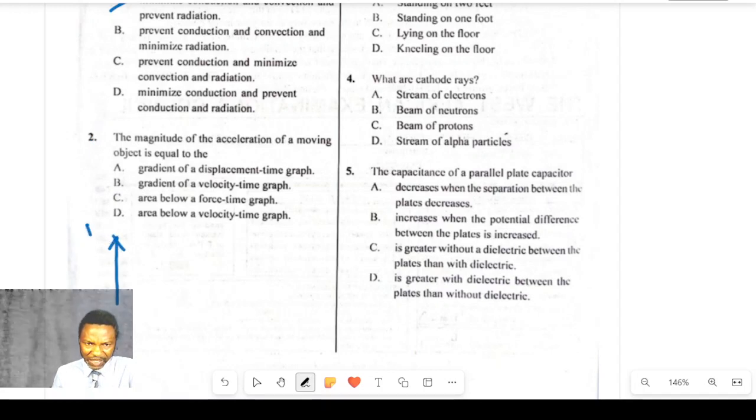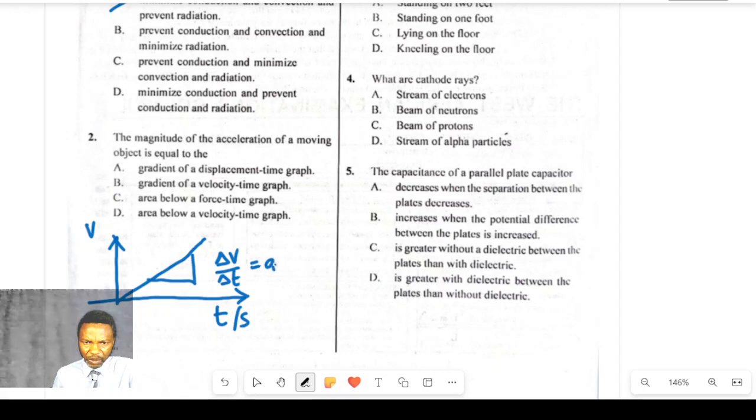The vertical axis is the velocity, the horizontal axis is the time in seconds. So if you have a motion here, what is the gradient of this one? You have delta V over delta T, which is equal to A. So it is the gradient of the velocity time graph.